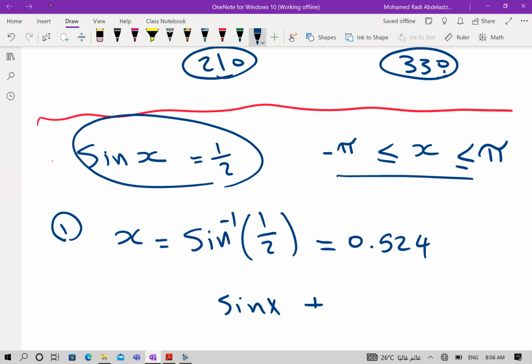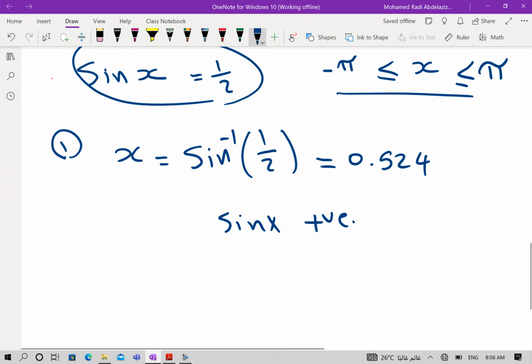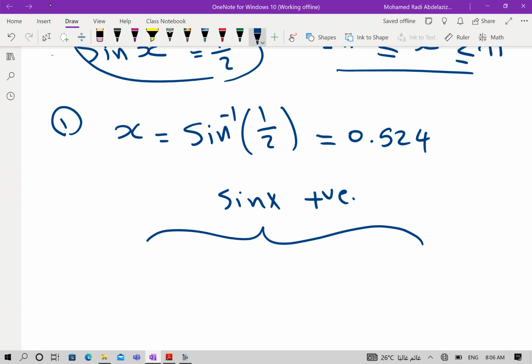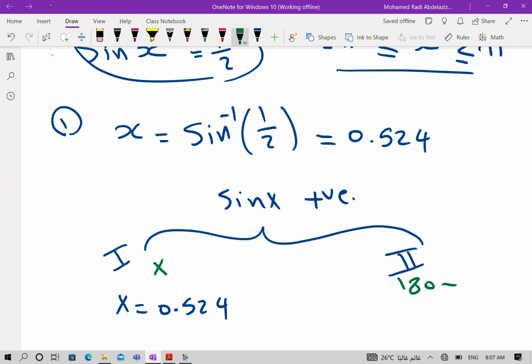It's given positive. Sine x positive in which quadrant? First and the second. First is 0.524, first x. Second, 180 minus x.